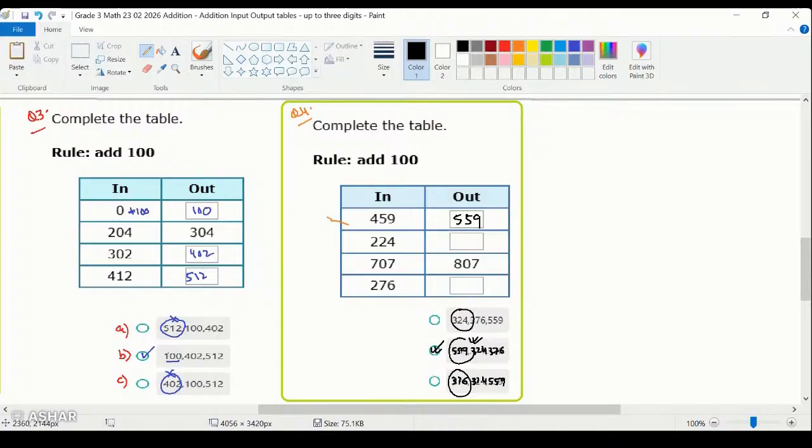Any questions? This becomes 324 and this was 376. Okay. We just need to look at the first number. If our first number was 324, it's not possible. 316, not possible. It has to be 559. Yes, thank you, Emmanuel. Thank you, Ayman. Okay, thank you, May.